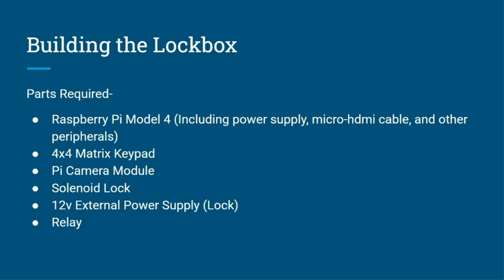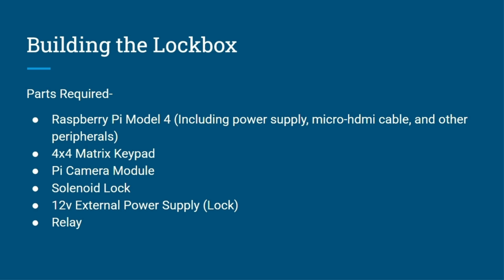In regards to building the lockbox and the parts required, I used a Raspberry Pi Model 4 with the power supply and all of the other peripherals you need for using it. As well, I used a 4x4 matrix keypad, which will be used for input from the person trying to access the lockbox.